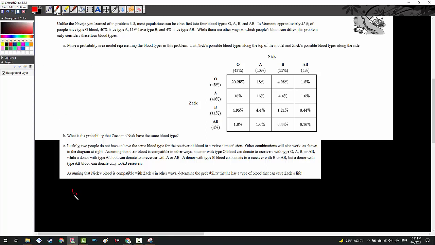Well, here's the thing: they could both be O, or they could both be A, or they could both be B, or they could both be AB. So from here, that's going to be 20.25 plus 16 plus 1.21 plus 0.16. And these are all percents here. From here, that number ends up becoming 37.62%.